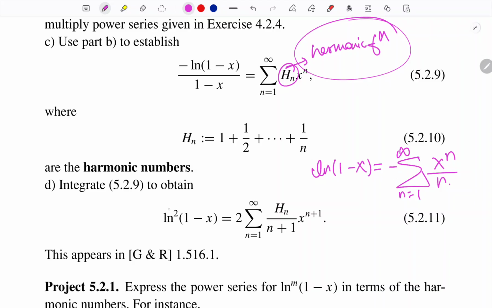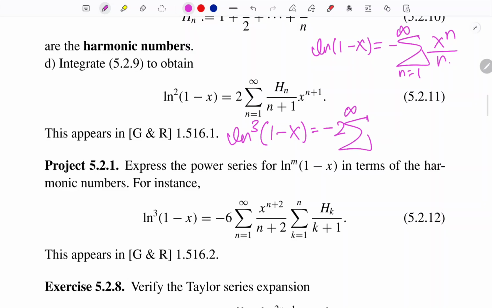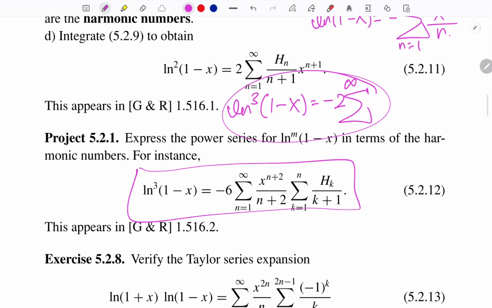When you multiply these two things, you are going to have ln cubed of 1 minus x and negative 2 times this infinite series. Here that is being represented. I'm not going to explain any more because it is in terms of harmonic numbers.